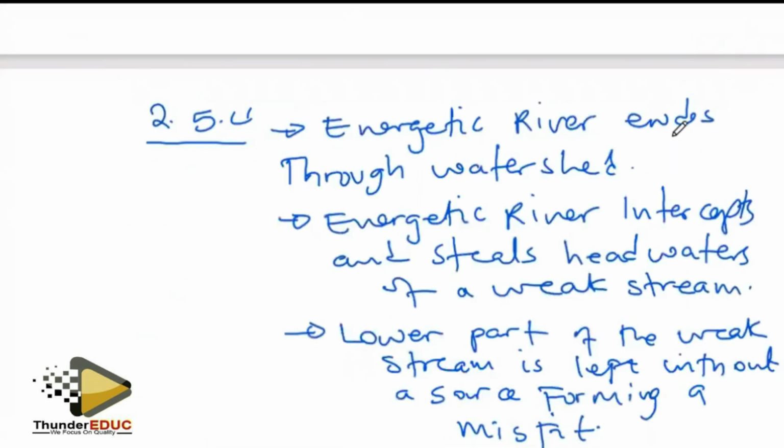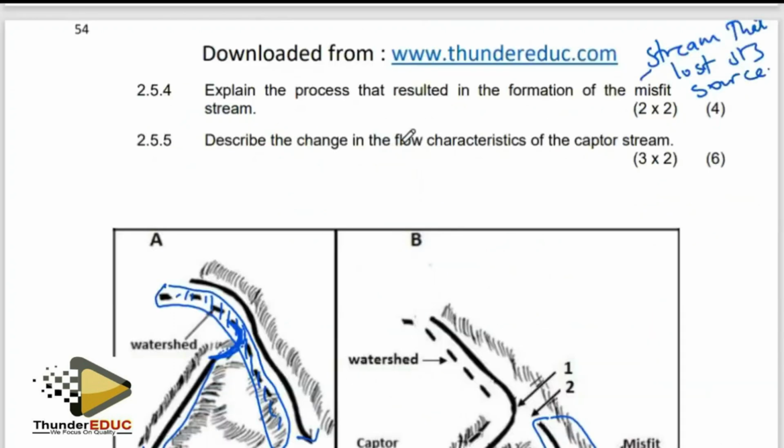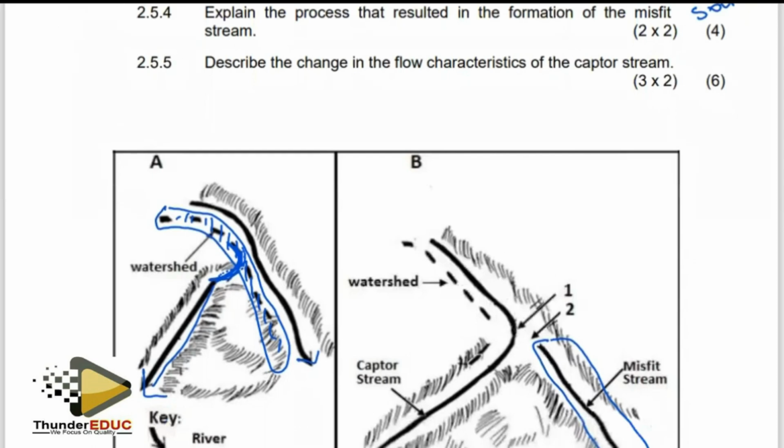So we say an energetic river erodes through the watershed, as you can see here. So this is our energetic river. It was able to do the erosion through the watershed.